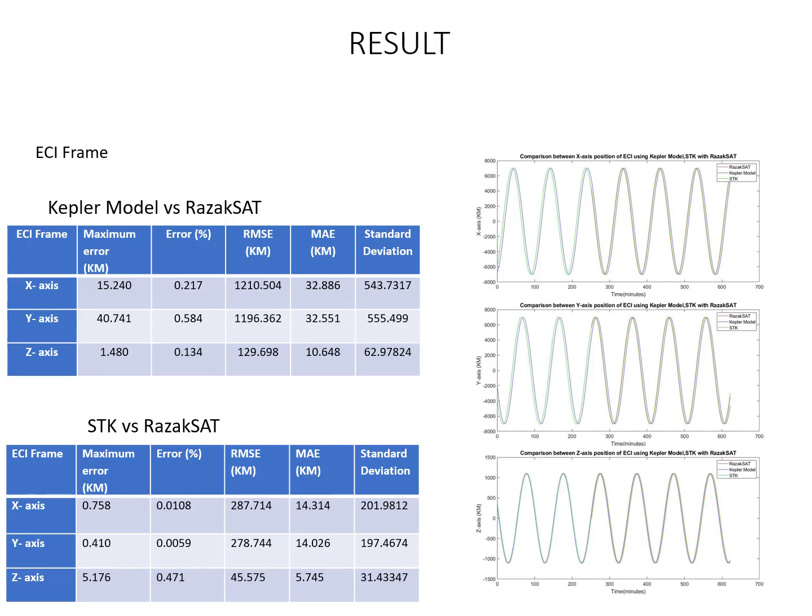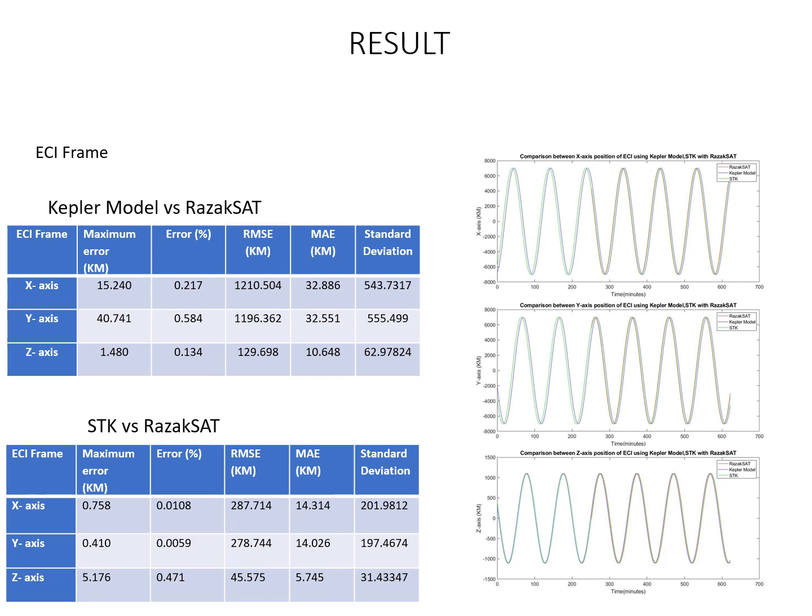Now we go to the result. Based on the result, we analyse in terms of the ECI frame. I use the Keplerian orbit model and STK and compare them with the Razaksat data.